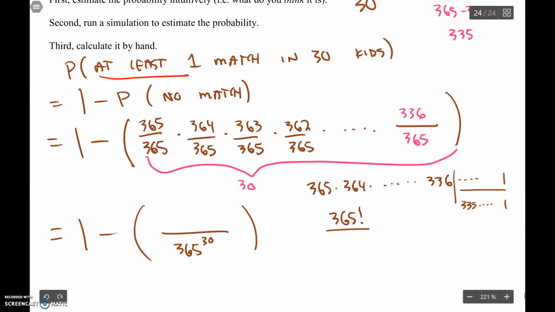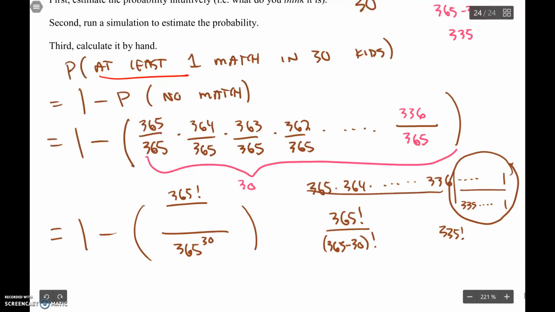So if I take 365 factorial divided by 335 factorial, which is basically the 365 minus 30 factorial, that's going to cancel out all the ones that I don't want and just leave the top 30 that I do want. So this is going to be 365 factorial over 365 minus 30 factorial.